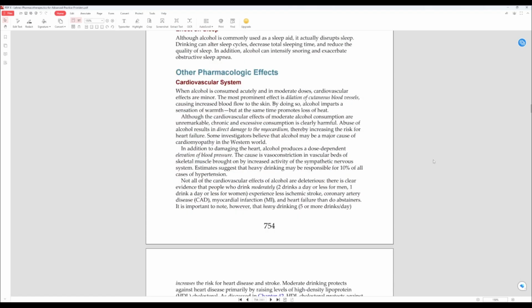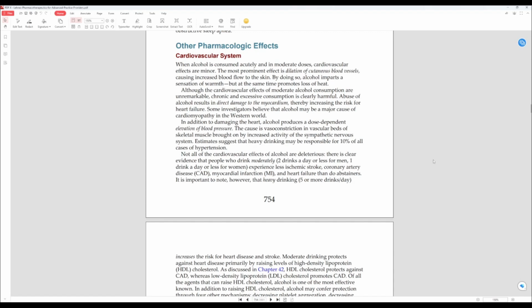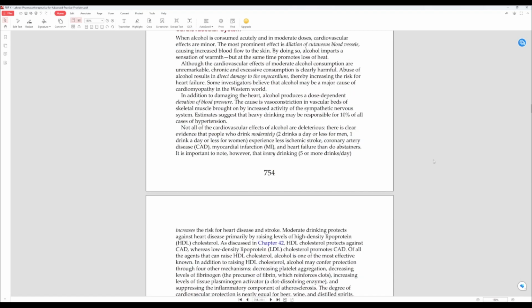It also has some other pharmacologic effects on the cardiovascular system. When alcohol is consumed acutely and in moderate doses, cardiovascular effects are considered minor. The most prominent effect is the dilation of cutaneous blood vessels, causing increased blood flow to the skin. By doing so, alcohol imparts a sensation of warmth, but at the same time promotes the loss of heat.